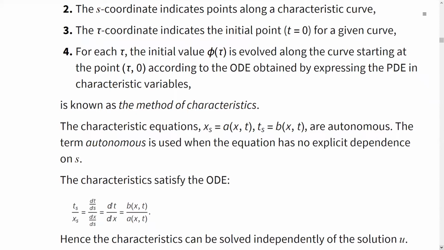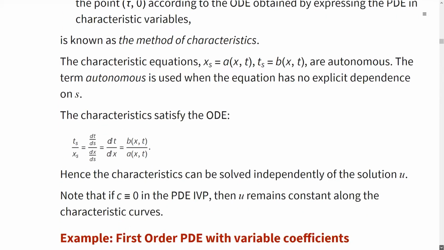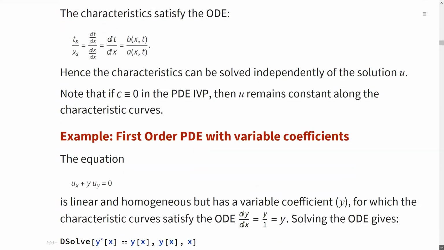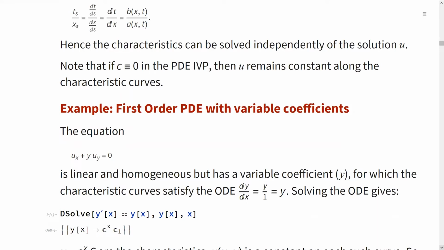The characteristic equations, partial x partial s equals a and partial t partial s equals b, are autonomous. The characteristics satisfy the ODE dt over dx equals b over a. Hence, the characteristics can be solved independently of the solution u.